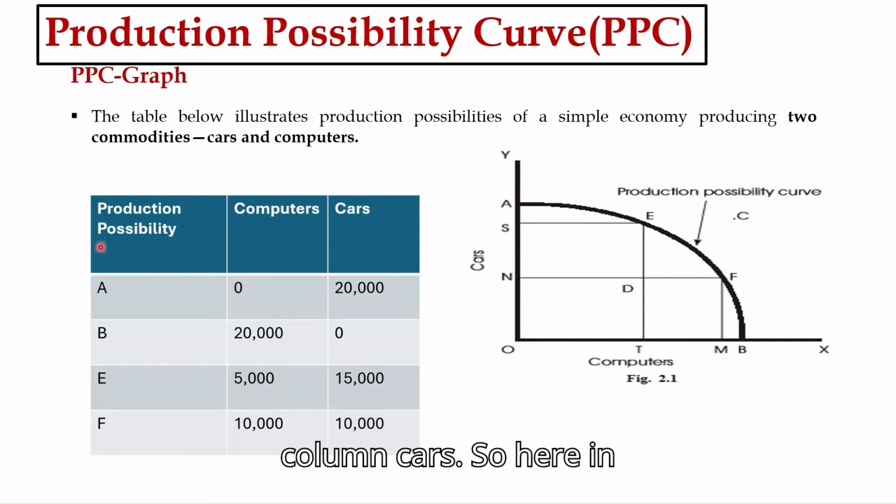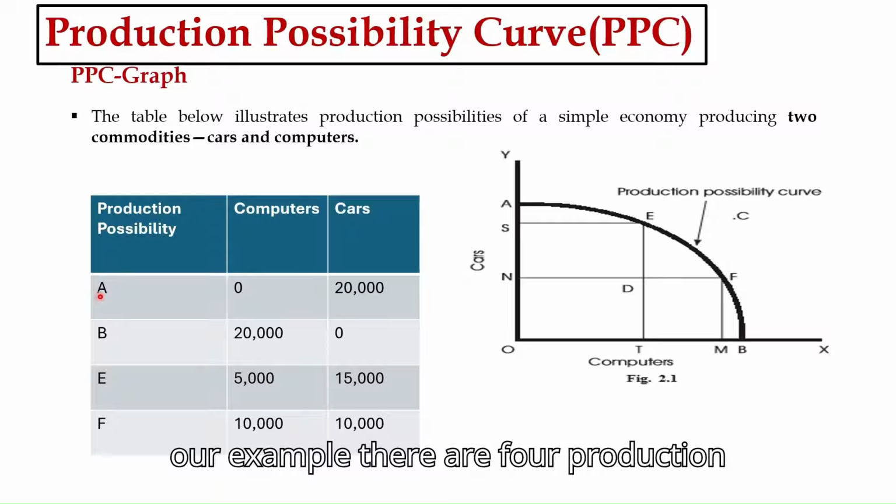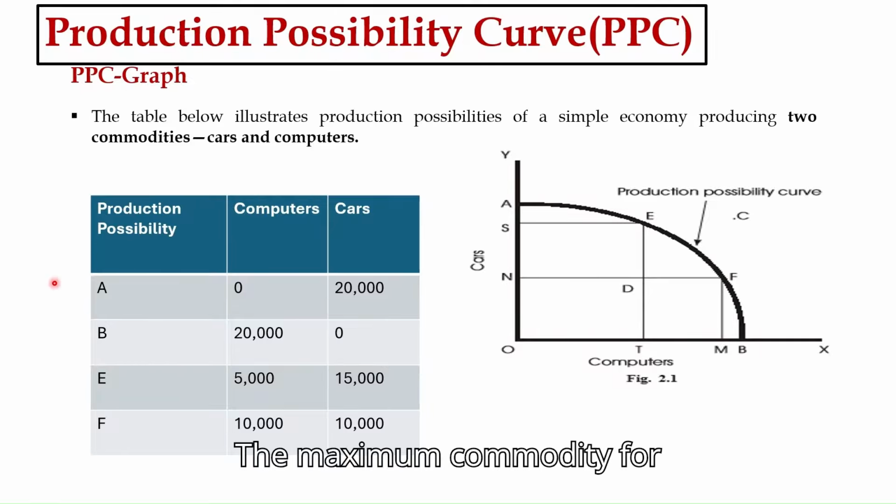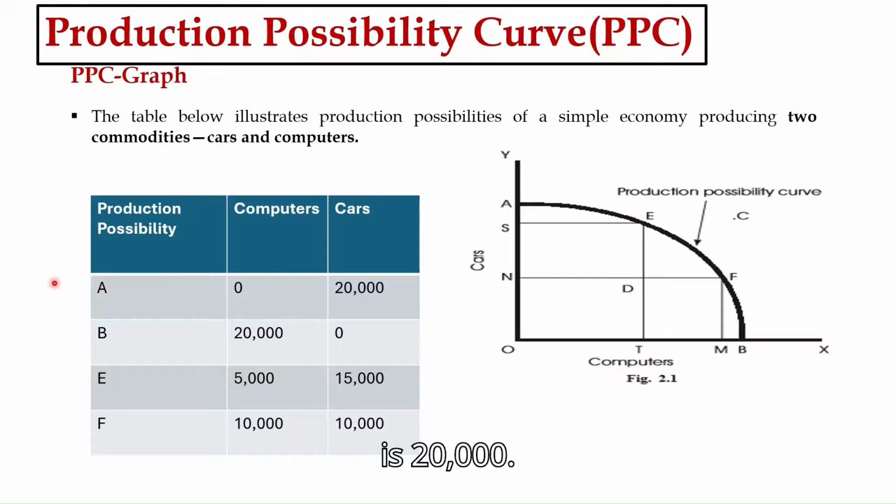In our example there are four production possibilities. Here we can see the maximum commodity or product which an economy can produce is 20,000.